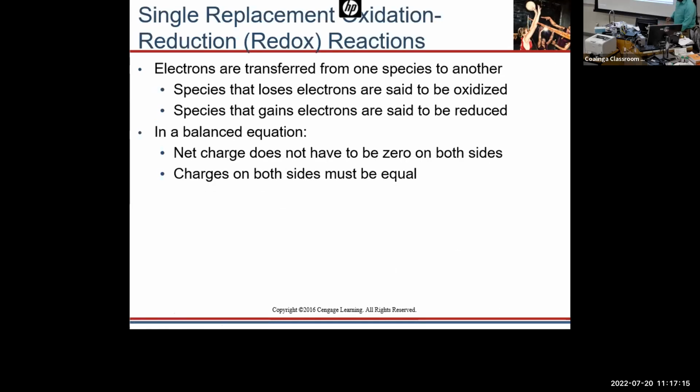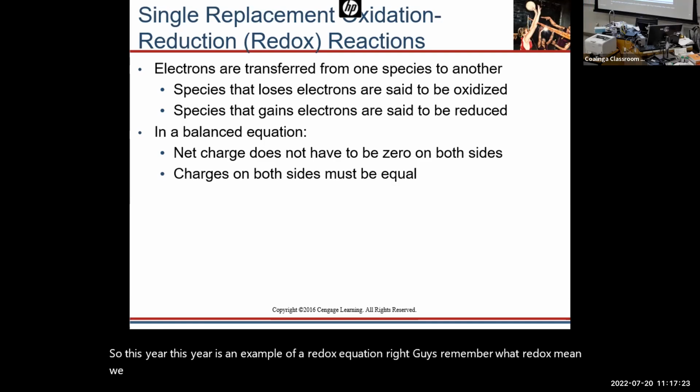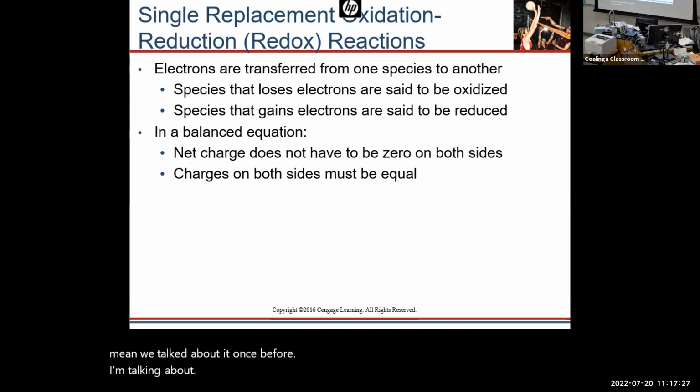Okay. So this here is an example of a redox equation, right? You guys remember what redox means? We talked about it once before. Okay, loss of electrons is going to be oxidation, LEO.